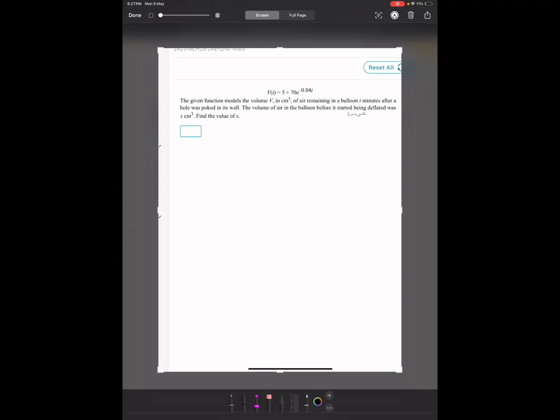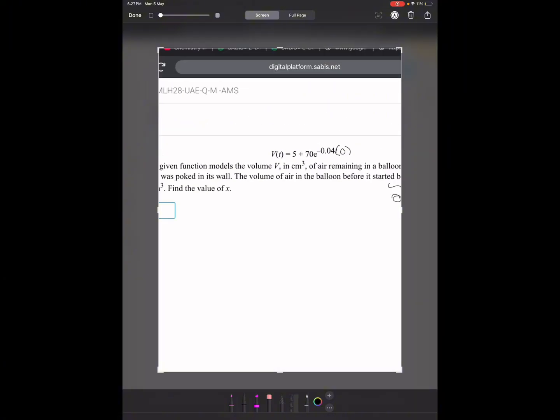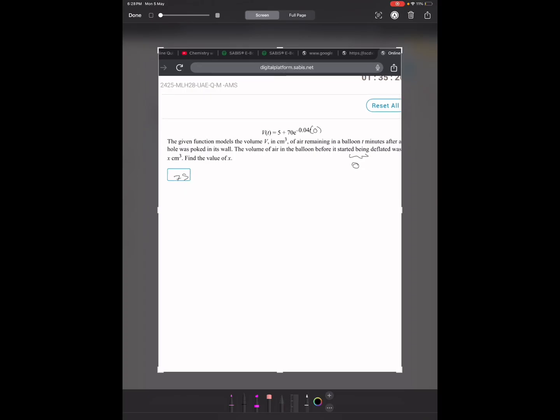So you're just going to substitute t with 0. You get 5 plus 70 e to the power of minus 0.0400, and you get 75. And that should be the answer.